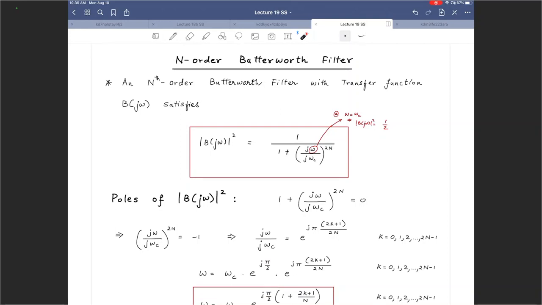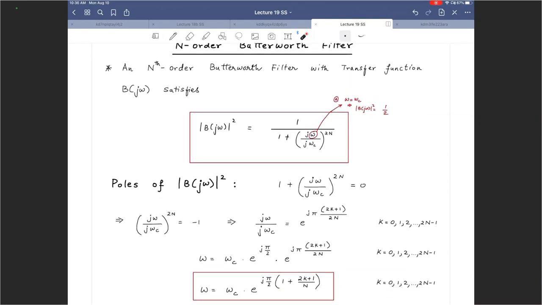Now, how about the poles of B of j omega squared? Well, we would just simply take the denominator, set it to 0, and in a very similar manner as we found the location of the poles for the third order filter, we find that the values of omega that make the denominator go to 0 are omega c multiplied by e to the j pi over 2 times (1 plus 2k plus 1 divided by n).